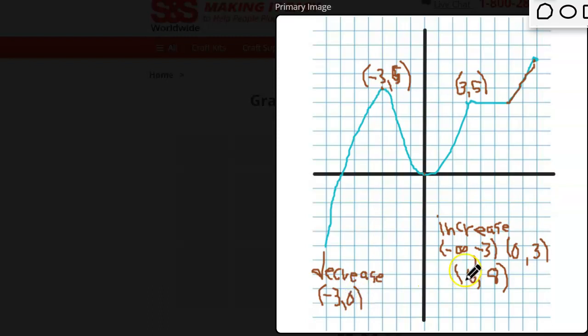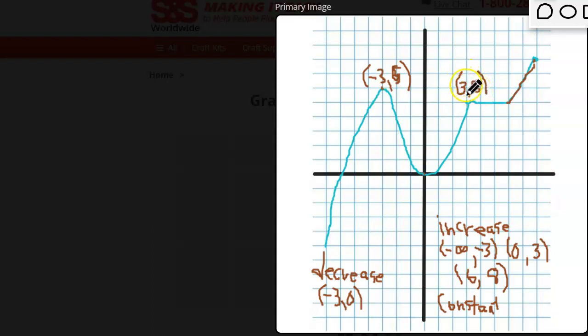All right, now, lastly, let's find the intervals where the graph is constant. When the graph is constant, it is horizontal. So there is a place on here where the graph is horizontal, and that's from here to here. Again, we're going to list that interval by its x values.